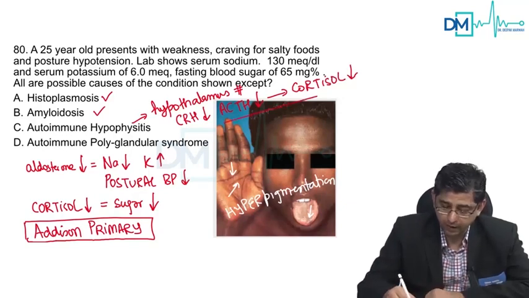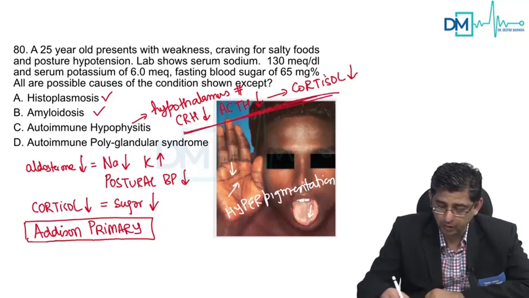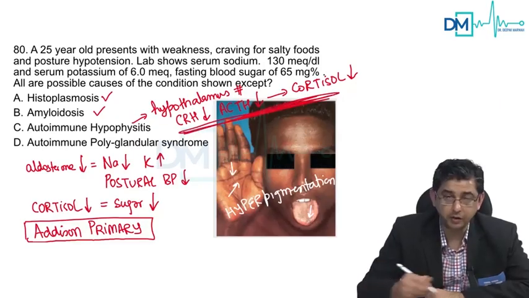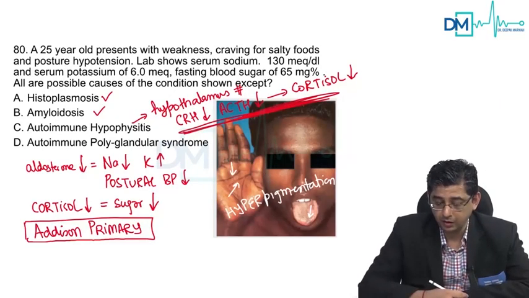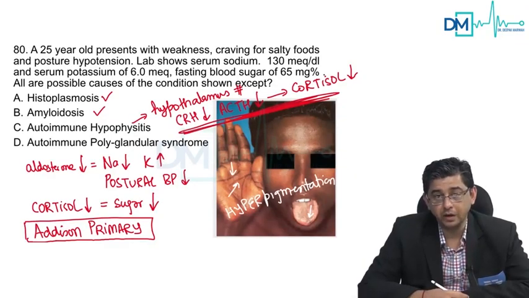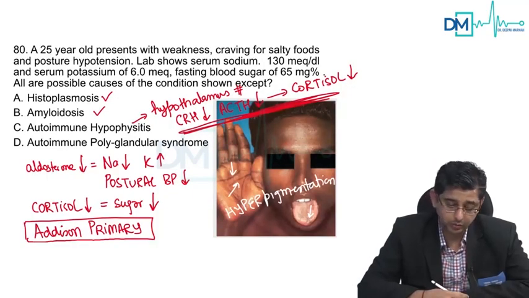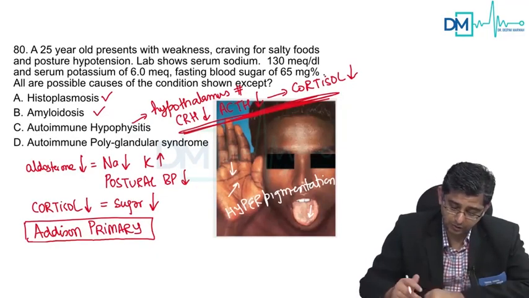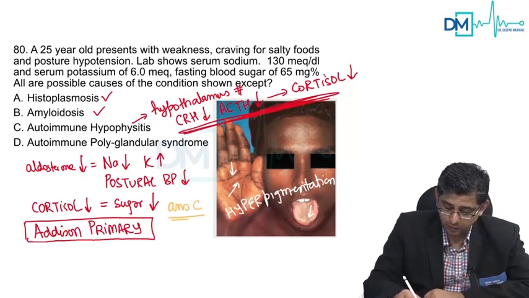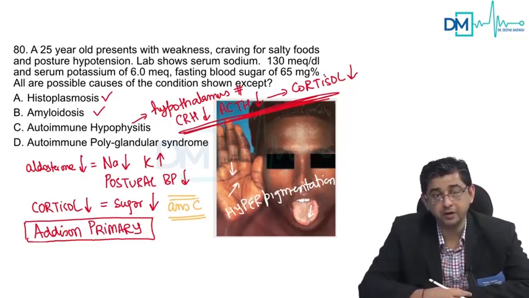The point is that C cannot be the answer for this particular patient because in ACTH deficiency there will be absence of hyperpigmentation, and in hypothalamic involvement there is only cortisol deficiency, whereas in this condition both hormones are lesser. So the correct answer to this question is C. The concept in this question is whether you can differentiate between primary and secondary Addison disease, and clinically hyperpigmentation is a feature of primary Addison disease.